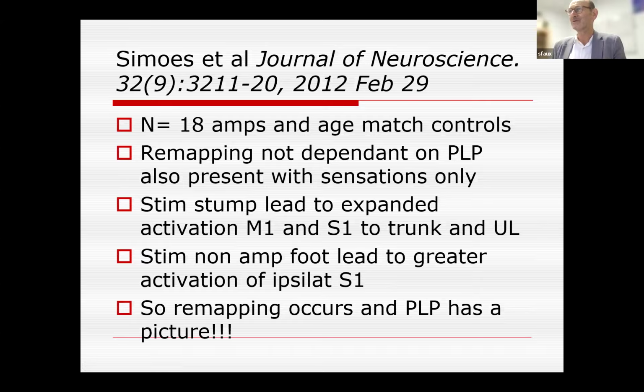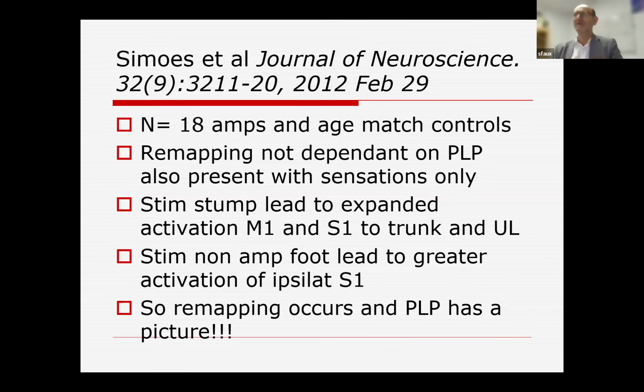In 2012, they took 18 amputees and age-matched controls, and they remapped their cortexes, not dependent on the phantom limb pain. But what they found is that if they stimulated the leads to the expanded activation centre at M1 and S2 in the brain, there was a greater activation of the ipsilateral S1.